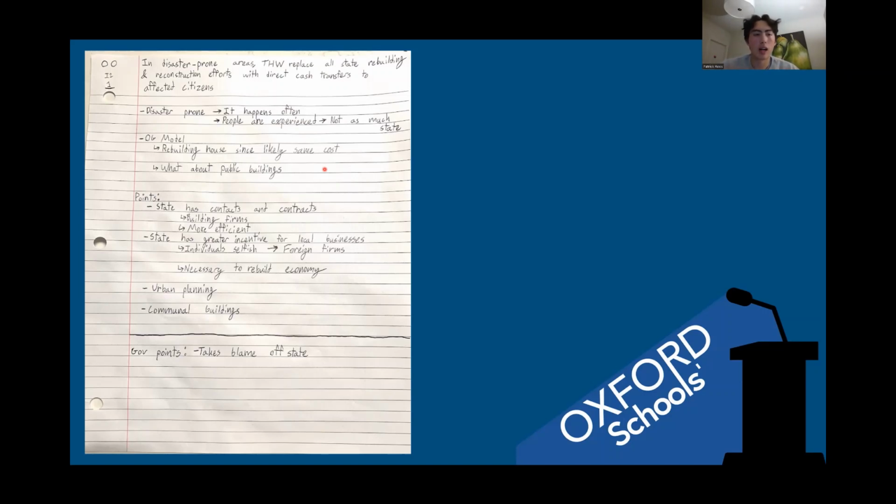Then I have two other points, urban planning and communal buildings. It's not as much written here because this is what my partner came up with and I was writing it down as we discussed. And finally at the bottom, you can see I began to think of some government points. I didn't write that much here, but it shows that I thought about what they might say.